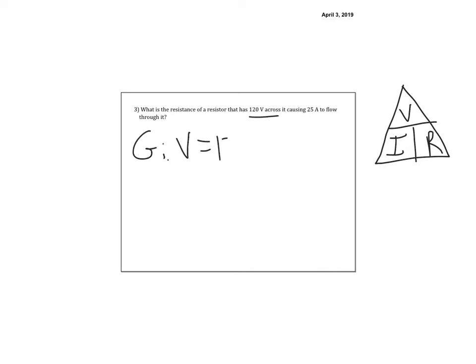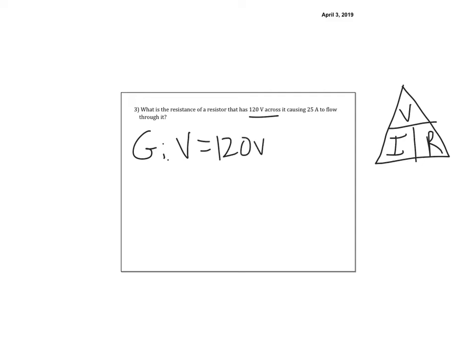Third question. What is the resistance of a resistor that has 120 volts across it and is causing 25 amps to flow through it? This is another Ohm's triangle, V, I, R. 120 volts, that's V equals 120.